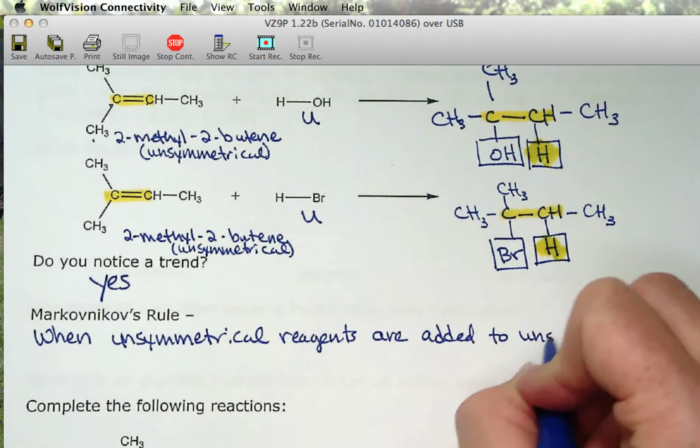So I would accept that. So this hydrogen goes here, this chlorine goes here. Questions on these?